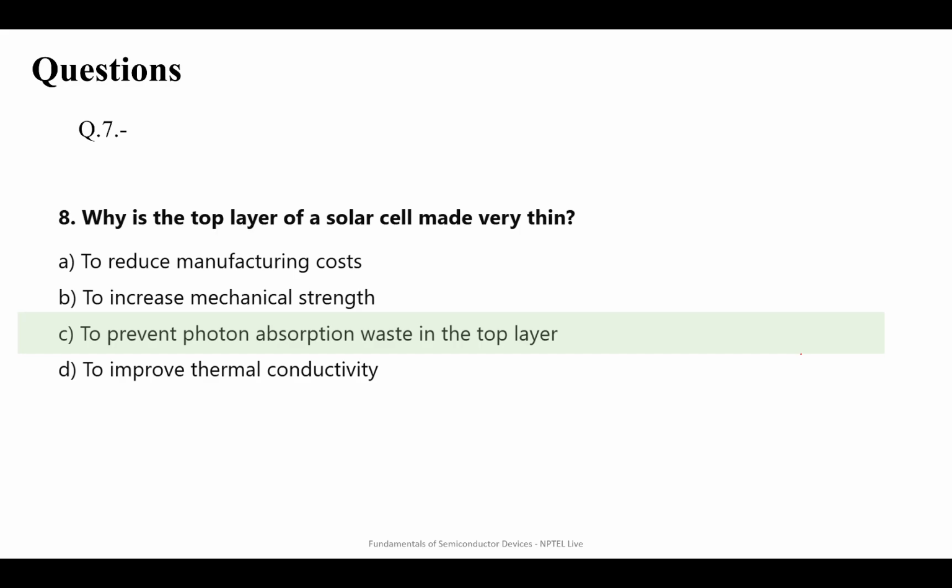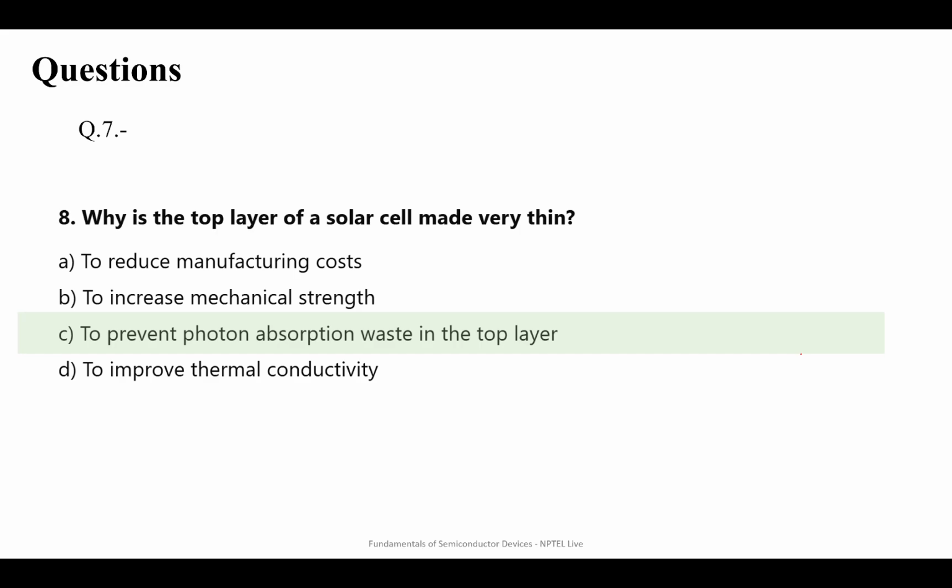So in a solar cell, the light will fall from the top only, right? Yes, sir. So what is the first layer that it will see? It will be the p-type or the n-type layer, right? Yes, sir. And if you are doing light absorption in your p-type or n-type layer, it is a waste because it is not contributing to your current. So you want most of your light to fall in the depletion region.